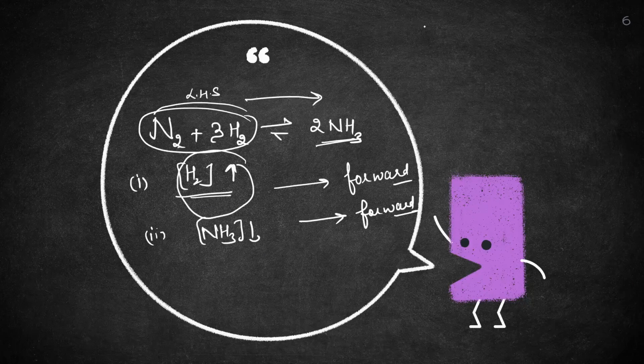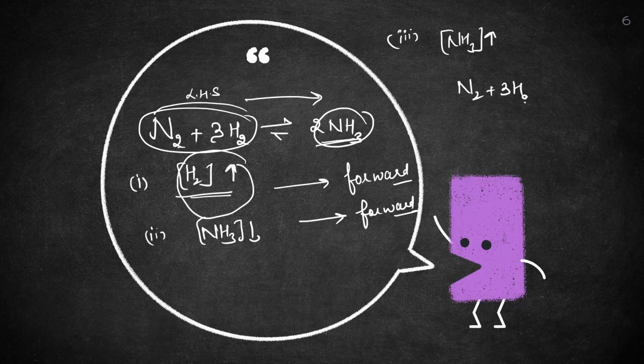If you want to take another case, let's say you have increased the ammonia's concentration. If it is increased, there is again an imbalance. This is the reaction with 3H2.